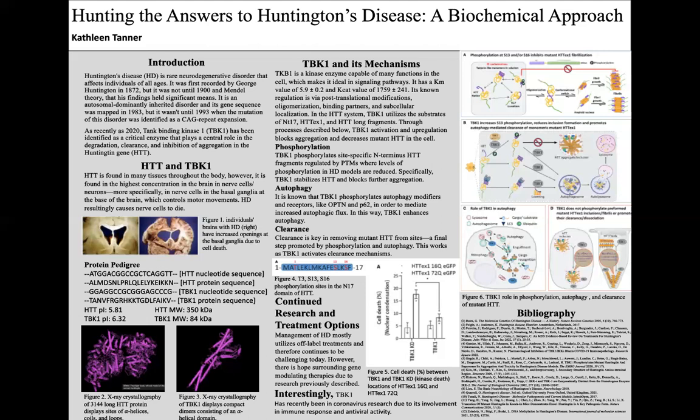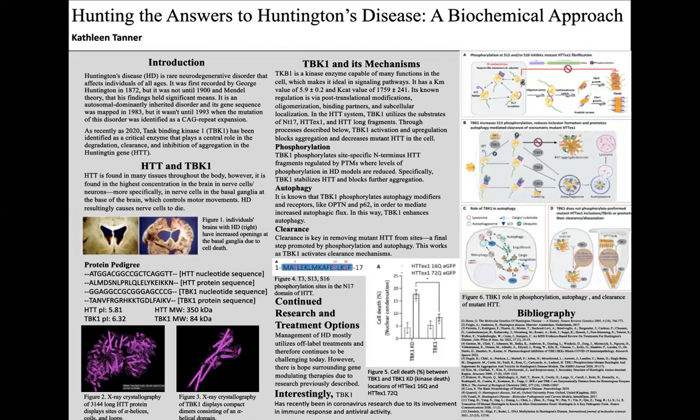Additionally, it is not well known that TBK1 has recently been involved in COVID-19 research due to its role in immune response and antiviral activity. As recently as February of 2022, Gontier and others of Research Square published novel data suggesting that inhibition of TBK1 decreases the severity of COVID-19 symptoms.